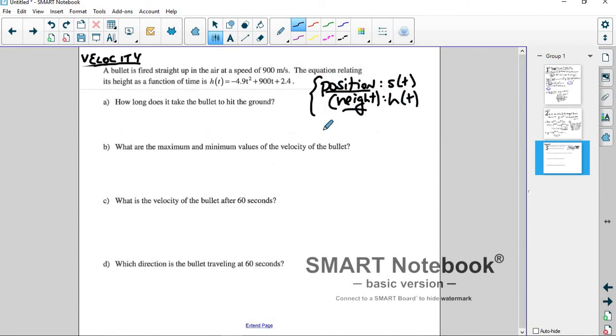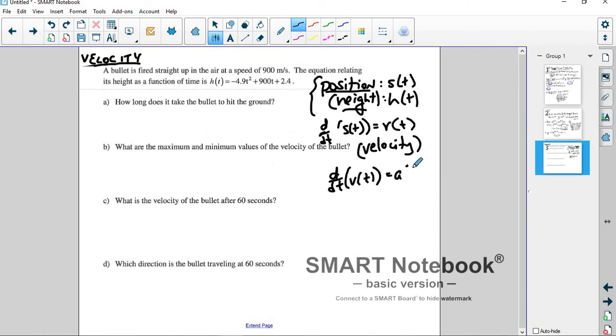If you take the derivative of that, the derivative of position is velocity, because that's change of position. And then if you take the derivative of velocity, what's the change of velocity? It's acceleration. So your second derivative of position is acceleration.